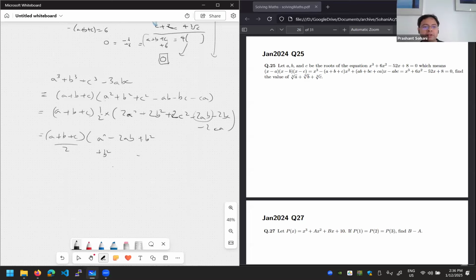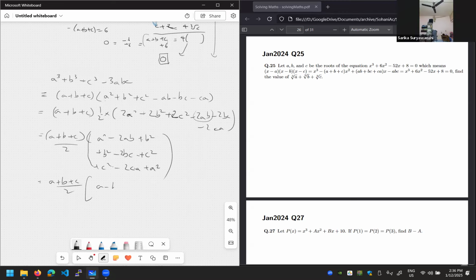And same pattern will continue. Okay, so all of this is inside the bracket. And now these are all perfect squares. So I can just write this as a minus b bracket square.